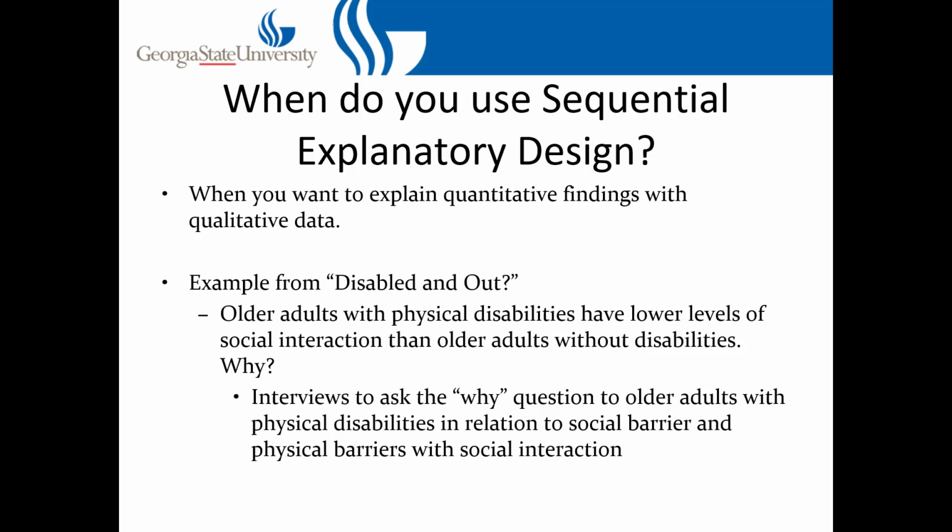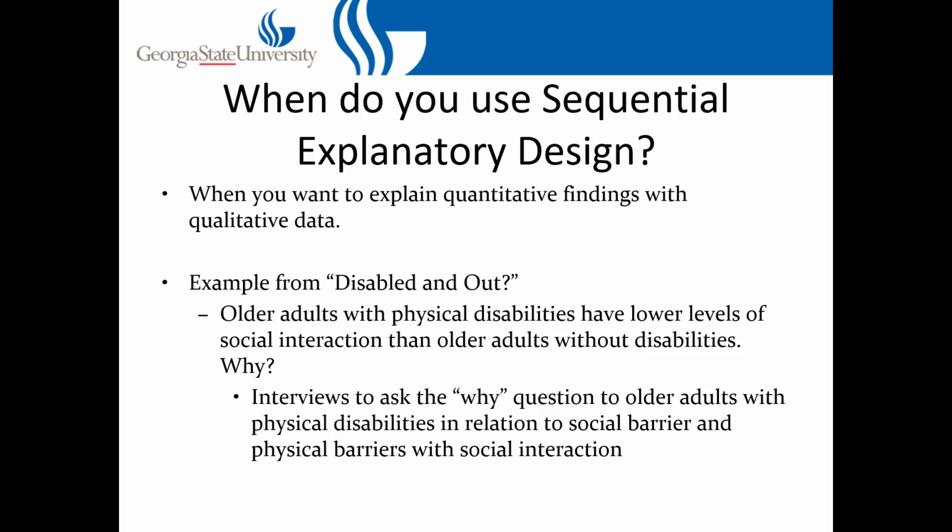And the only way to understand why people experience something is to ask them, which means I needed to interview people. So the findings from my quantitative study formed my qualitative data questions. So here's my qualitative data question. The interviews were set out to ask why older adults with physical disabilities experience lower social interaction in relation to social barriers and physical barriers. So why does their disability affect social interaction?